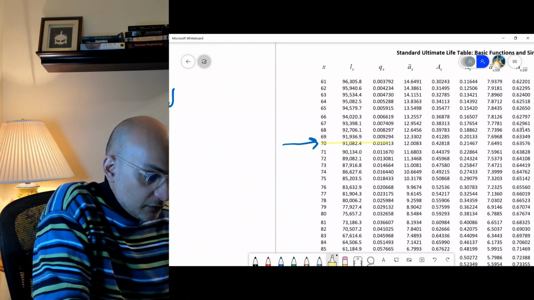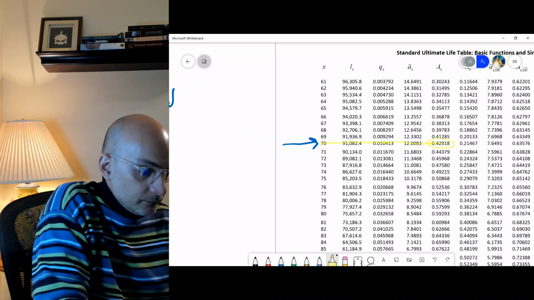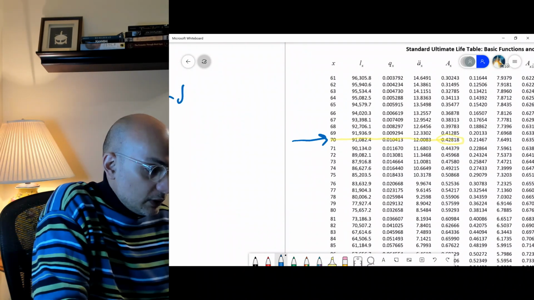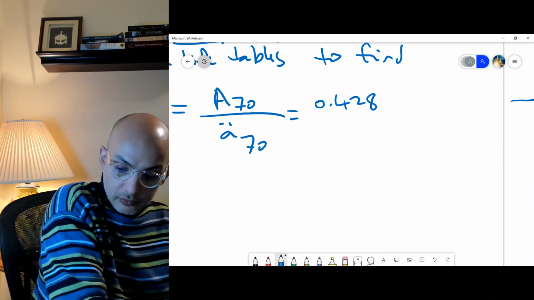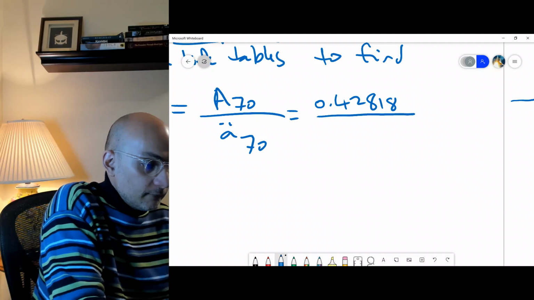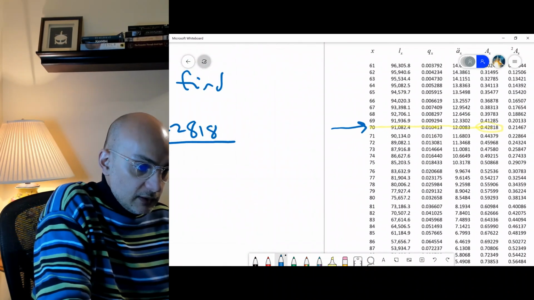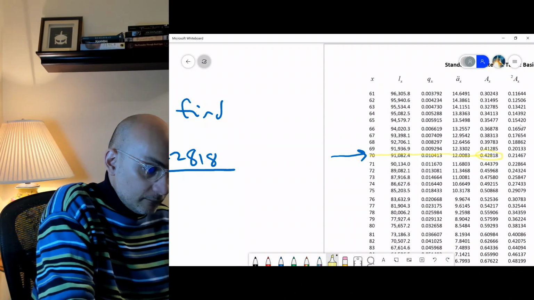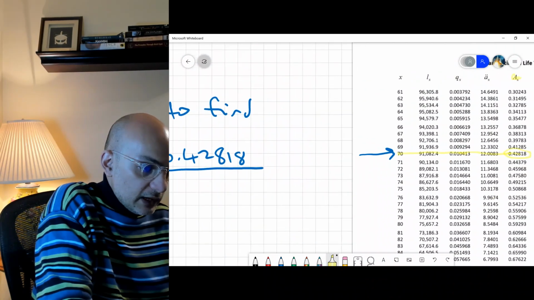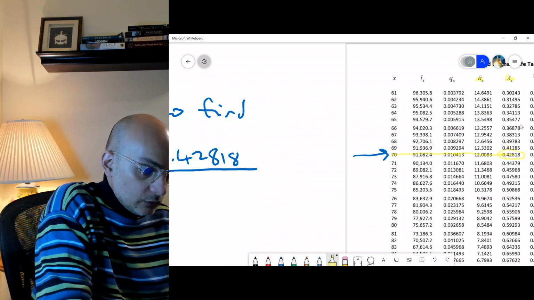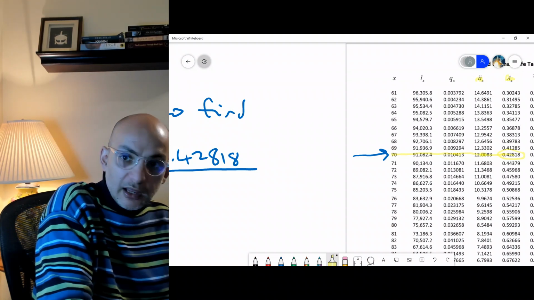We need to look for 70, and look for A X, which is 42818. Then we go here. Now we need the A double-dot, this one here, 12008. You see what I'm doing, right? It's clear.